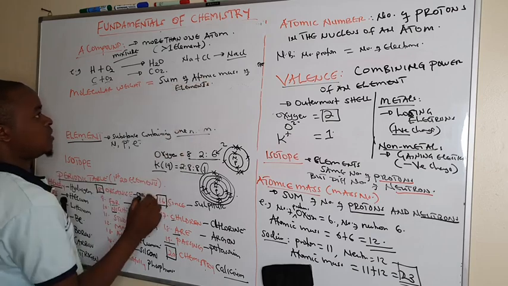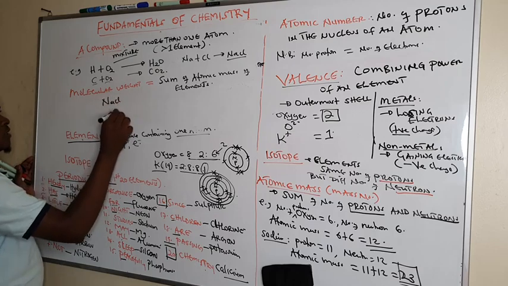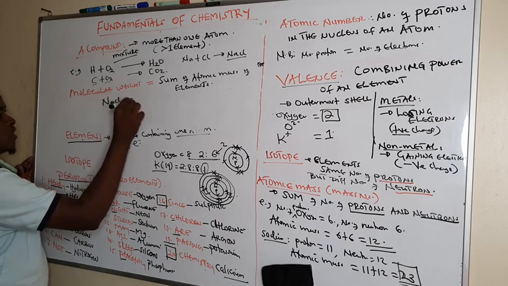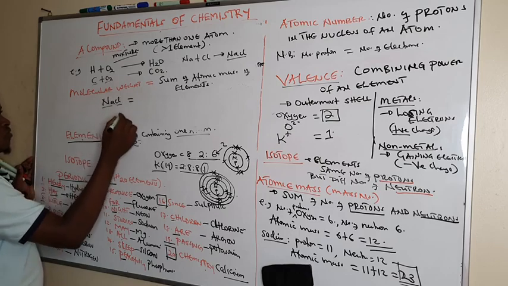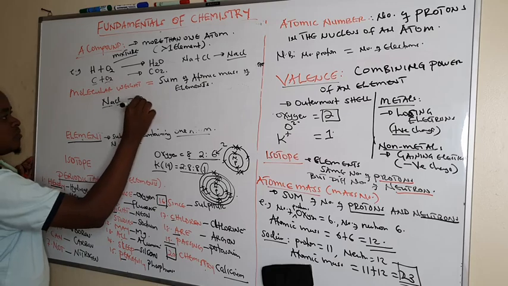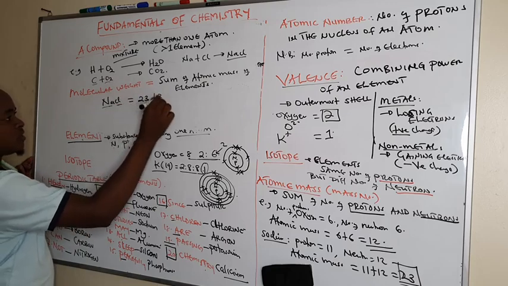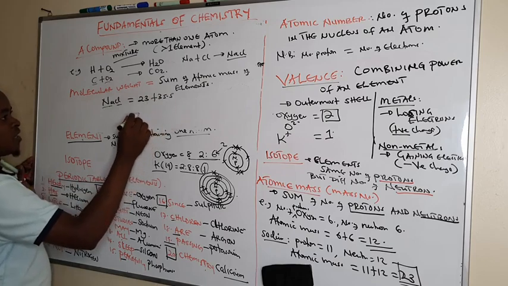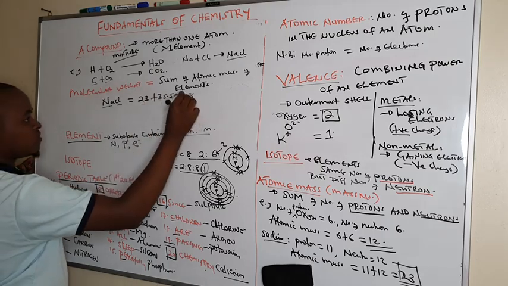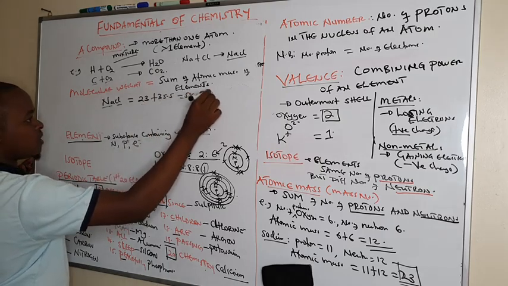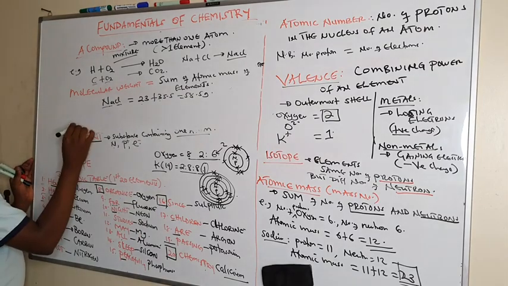If I have the compound sodium chloride, for its molecular weight, I get the atomic mass of sodium plus the atomic mass of chlorine, whereby the atomic mass of sodium is 23 plus the atomic mass of chlorine, which is 35.5, and I end up getting 58.5 grams.